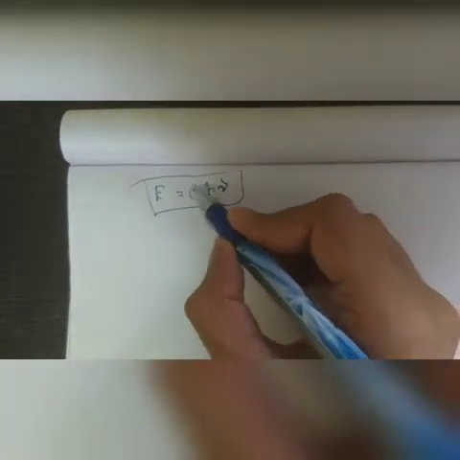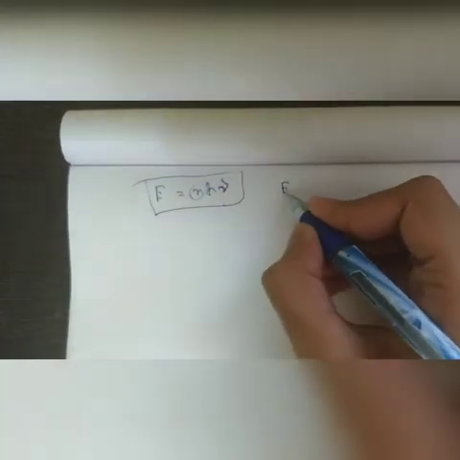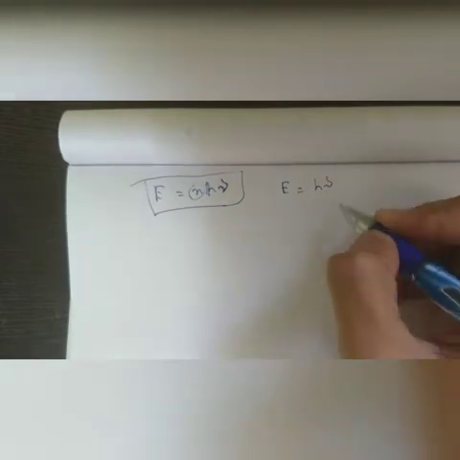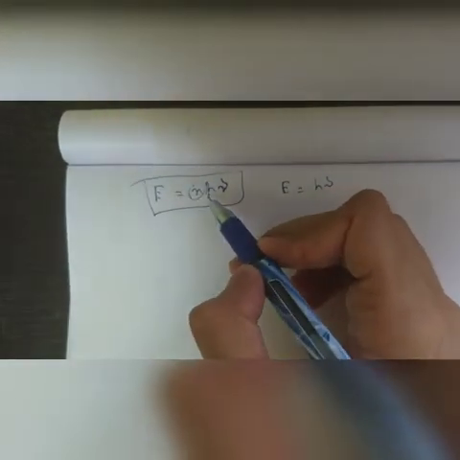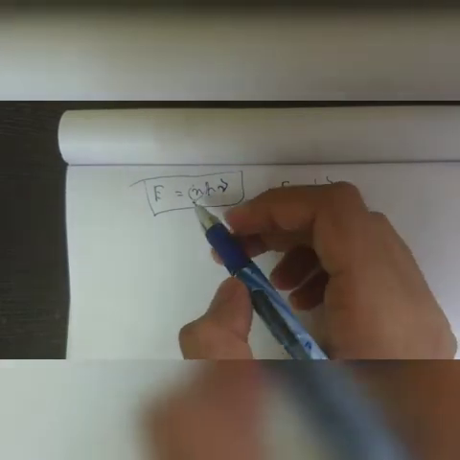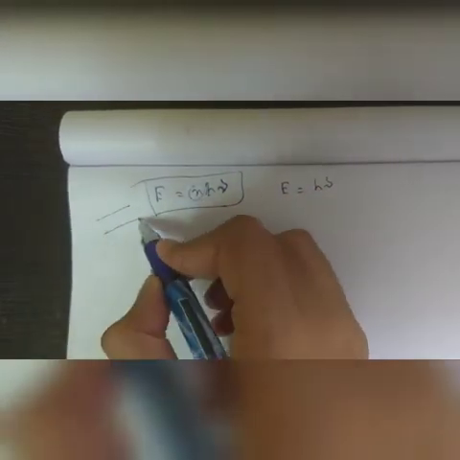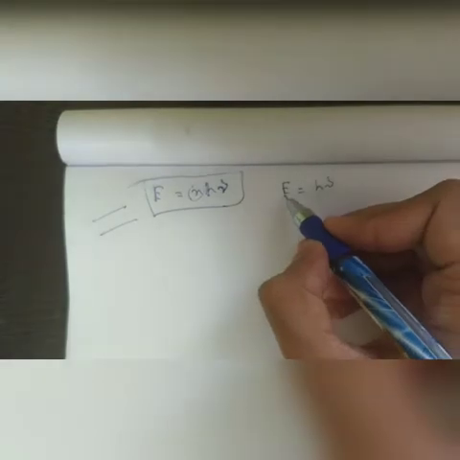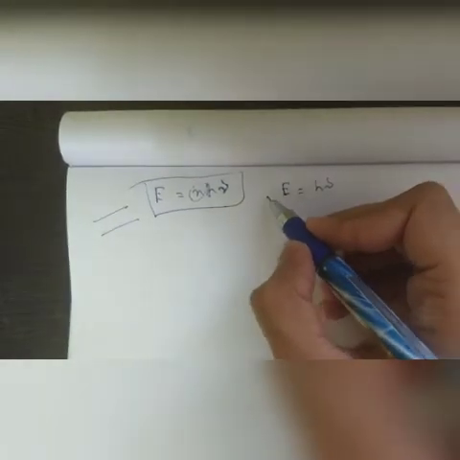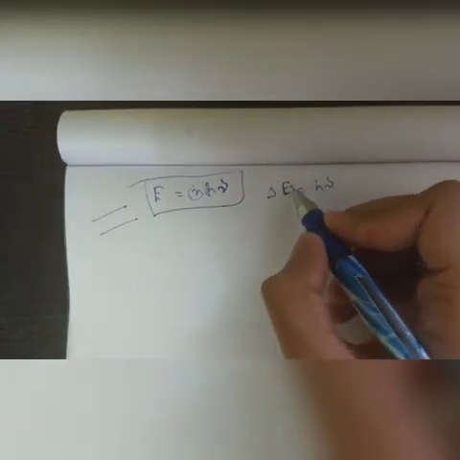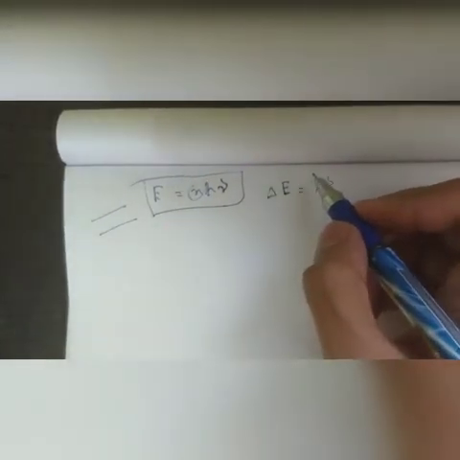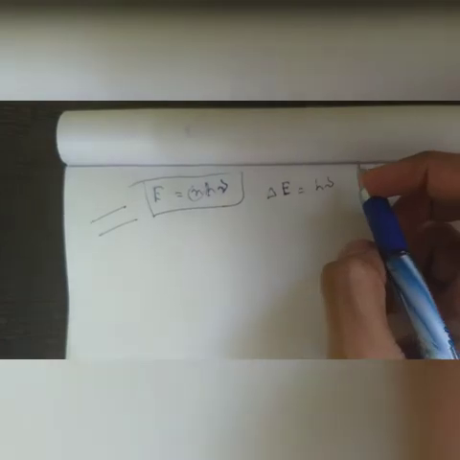We can consider n to be 1 here, so it will be hν. I mean the energy is nhν, but the difference of the energy of two levels will be hν. So this is del E only, but we are writing E here. So E is not the energy here, but the energy difference.